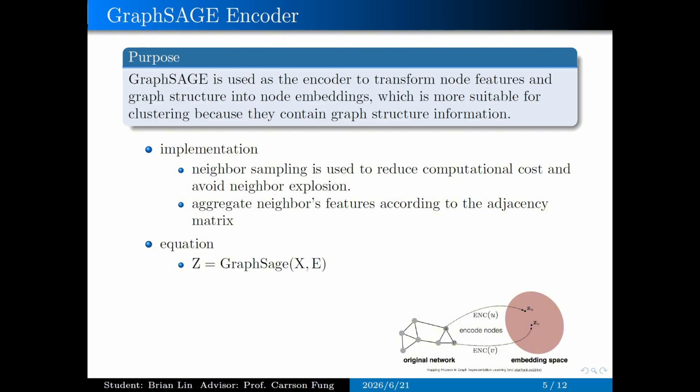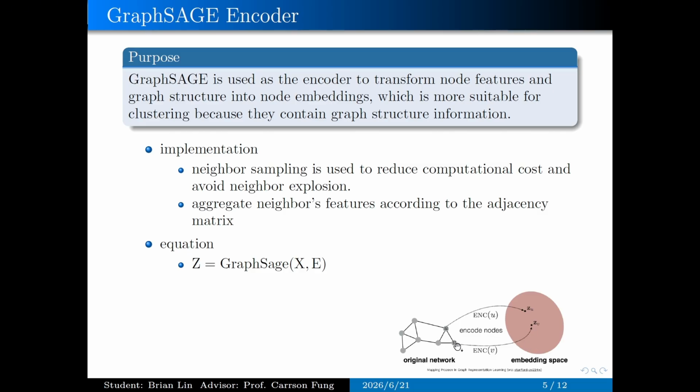The second step is to aggregate neighbor features according to the adjacency matrix, and the simple equation looks like this. Z is our embedding matrix. These pictures show the general concepts of GraphSAGE.